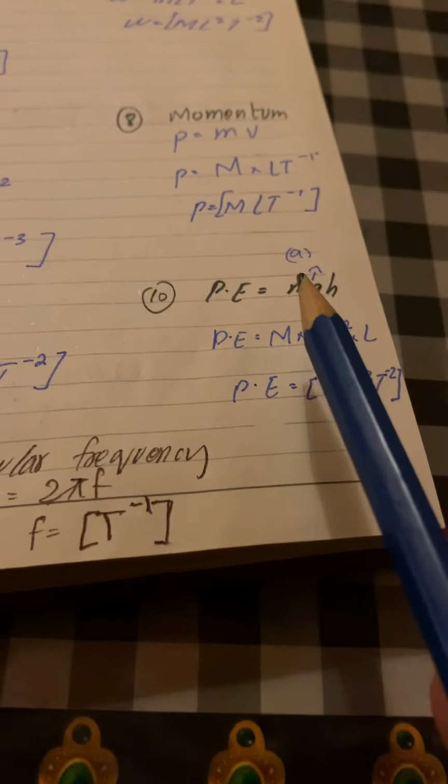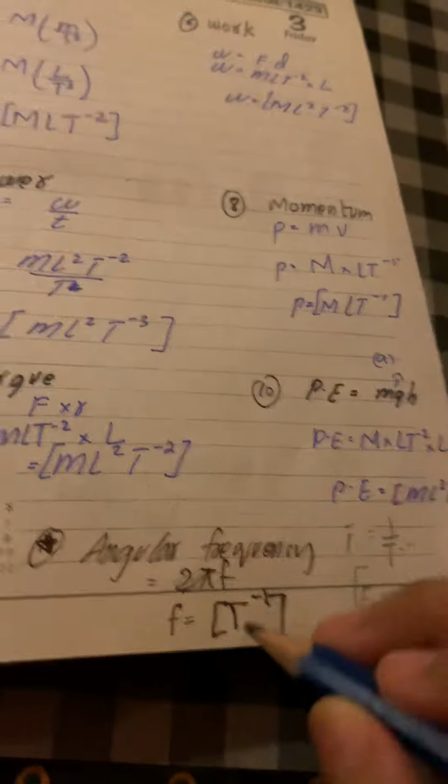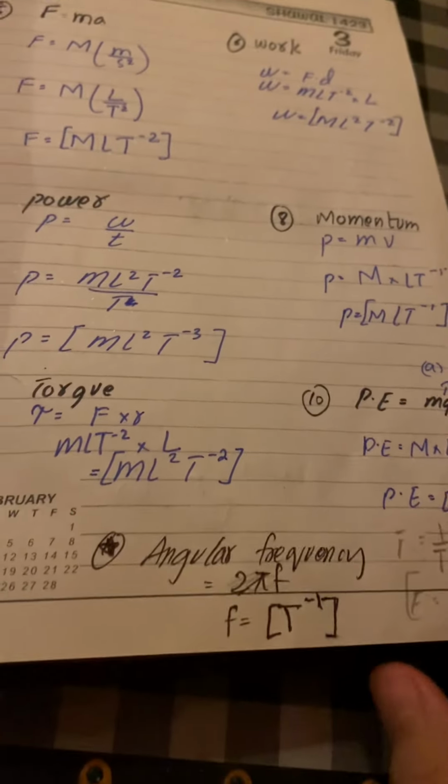How? Because frequency is equal to 1 upon T. So when T with plus 1 power comes into the numerator, it will be minus 1, so f is equal to T minus 1. Okay, so this is the dimension of angular frequency.